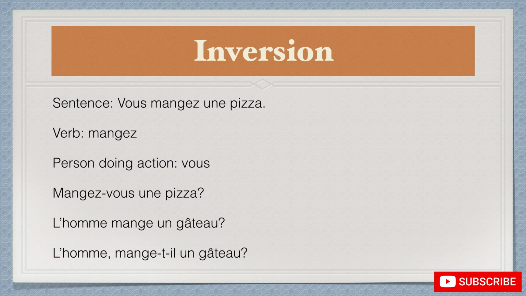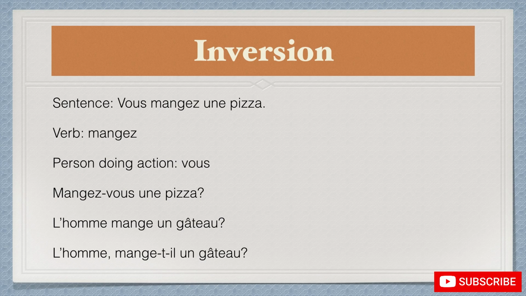We've identified here that it's vous, and then what we do is we switch vous and the verb as it would appear in the regular sentence. Above we have vous mangez une pizza. In the question, we switch manger and vous, so it becomes mangez-vous une pizza. And then you add a little dash in between to show that they're actually connected. So mangez-vous une pizza? Are you eating a pizza, or do you eat a pizza?